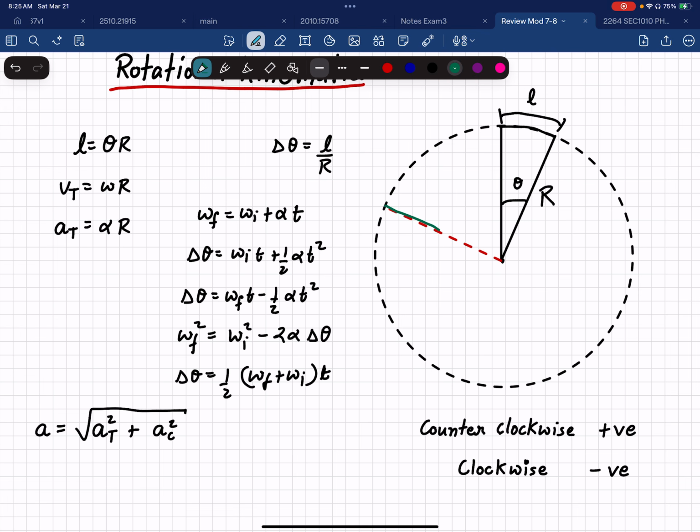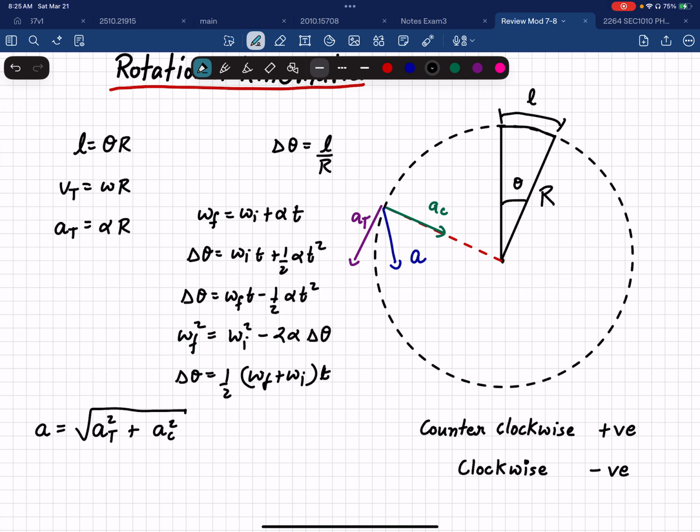One is the central one, and then you have the tangential one. Sorry, this basically results in the resultant acceleration. Okay, and what is AT? You already know what is AT.